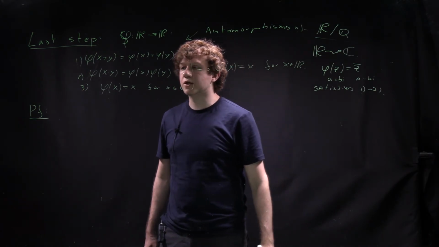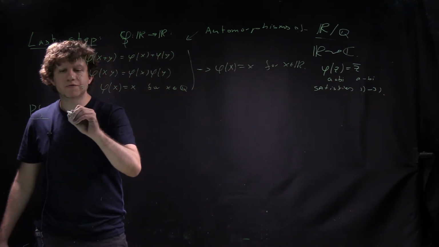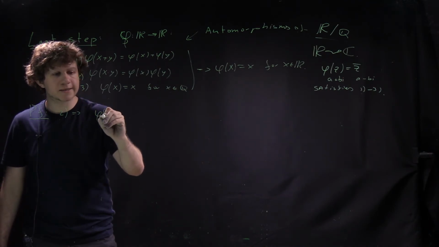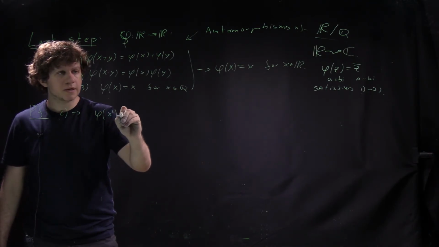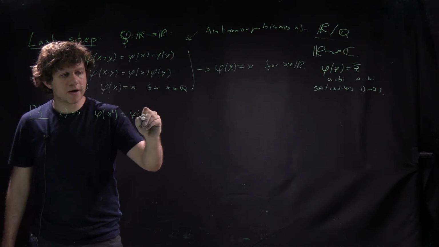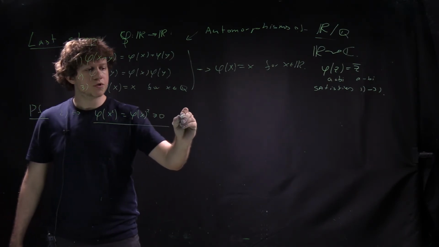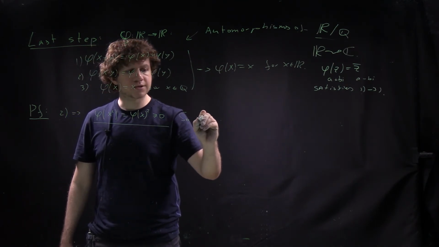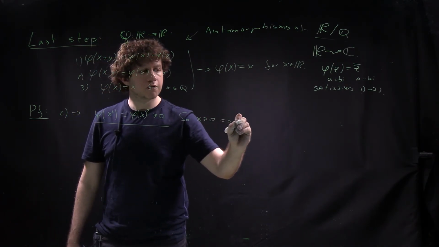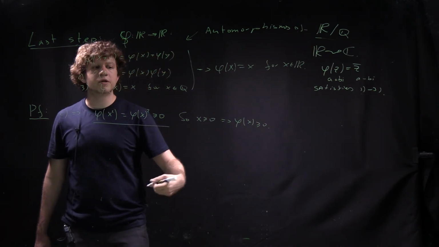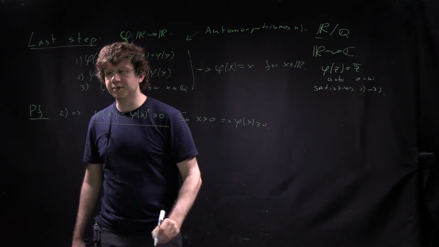The proof is actually a few lines. First, from property 2 you deduce that phi of x squared is equal to phi of x squared, and so it's greater or equal than 0. So if x is greater or equal than 0, then phi of x is greater or equal than 0. It sends non-negative numbers to non-negative numbers.